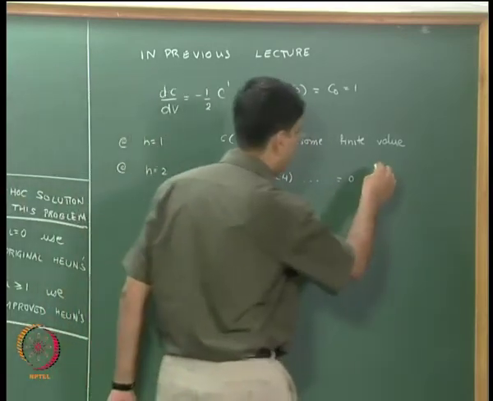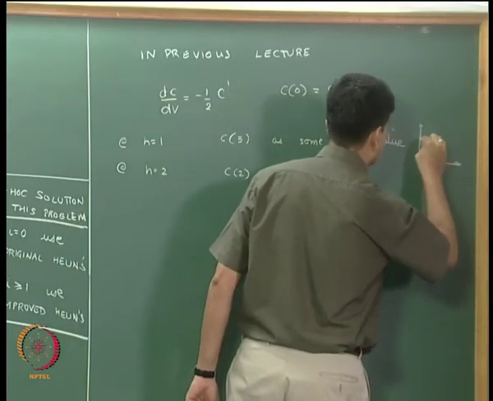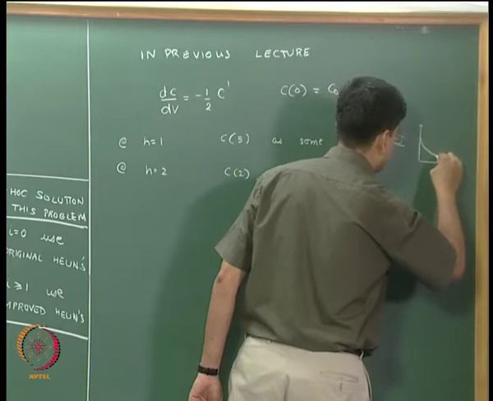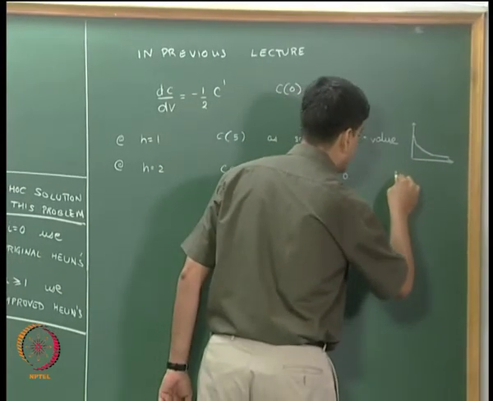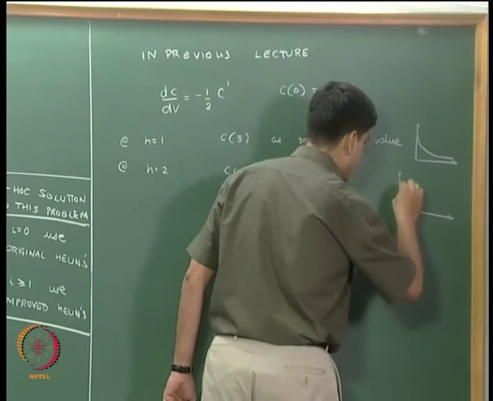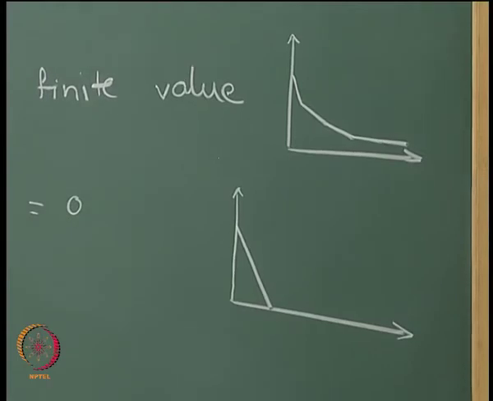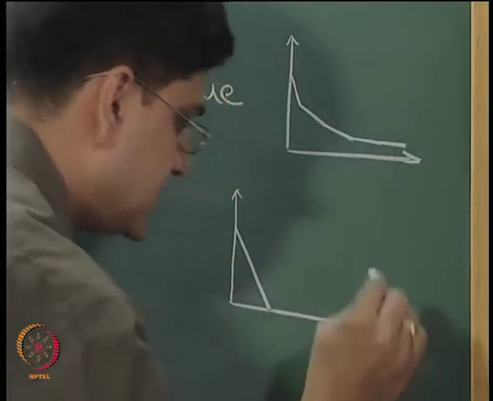So what we saw happening with h equal to 1 was something of this sort. What we saw happening at h equal to 2 was that in one step itself the solution came to 0 and then it stabilized at 0.